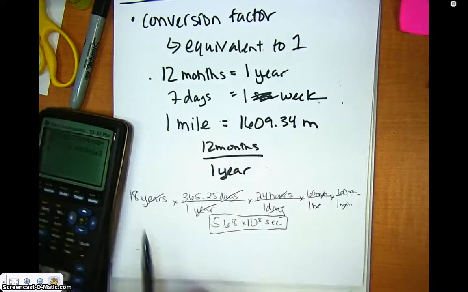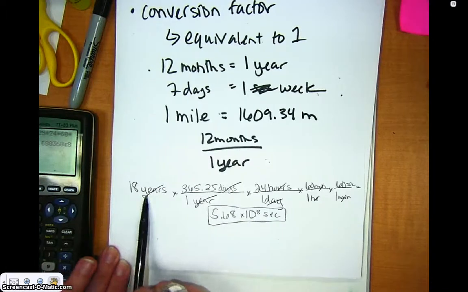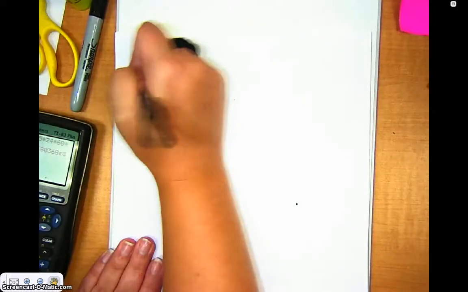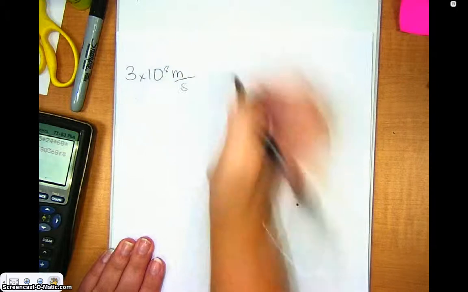Okay. So that's a little bit simpler one where we have just one unit, but let's do something that has a more complex unit. In the previous problem, or in the classwork, if you watched, we practiced a problem where we figured out the speed of light. So the speed of light is 3 times 10 to the 8th meters per second.